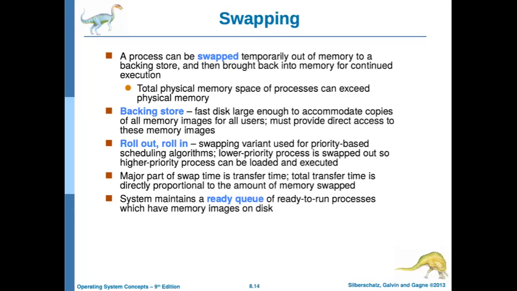Try to understand, a ready queue is there for ready processes in memory, and similarly for the processes that are ready to run but not in the main memory. So a separate ready queue is there so that whenever there is space in the main memory, such processes will be brought into the main memory.